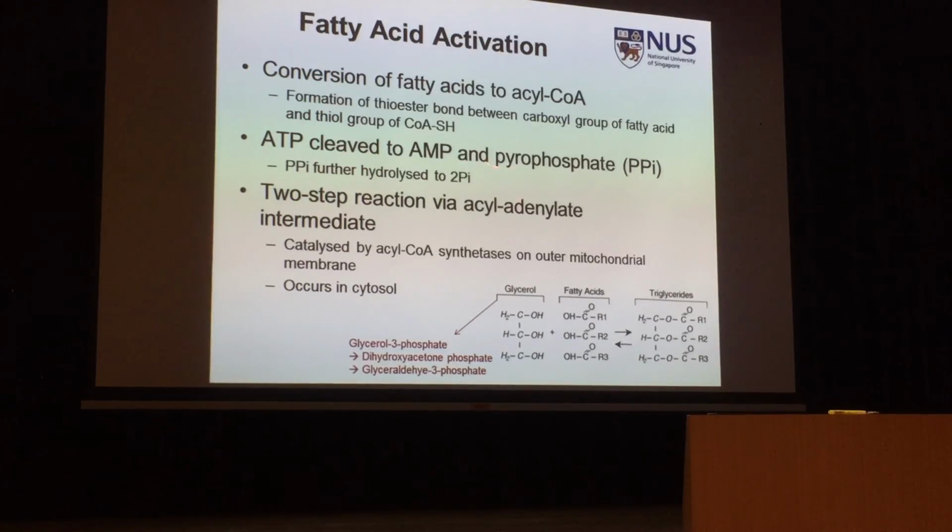ATP will be cleaved to AMP and pyrophosphate to give us the energy. This reaction is catalyzed by enzymes called acyl-CoA synthetases on the outer mitochondrial membrane.